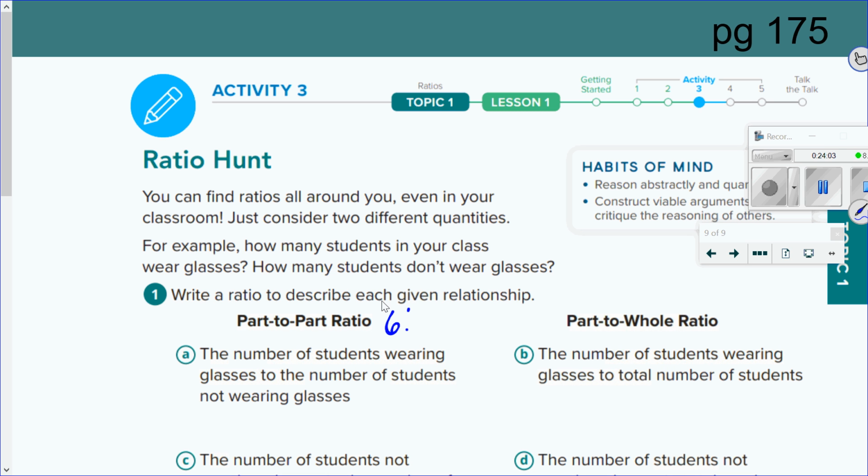So we have 4, 5, 6, 7, 8, 9, 10, 11, 12, 13, 14, 15, 16, 17, 18, 19, 20 in the room. So that would mean 14 that don't wear glasses. Does that make sense? So this would be glasses to no glasses.